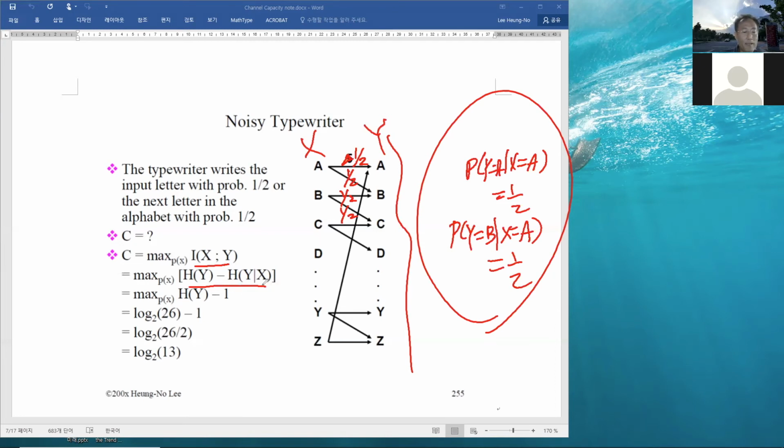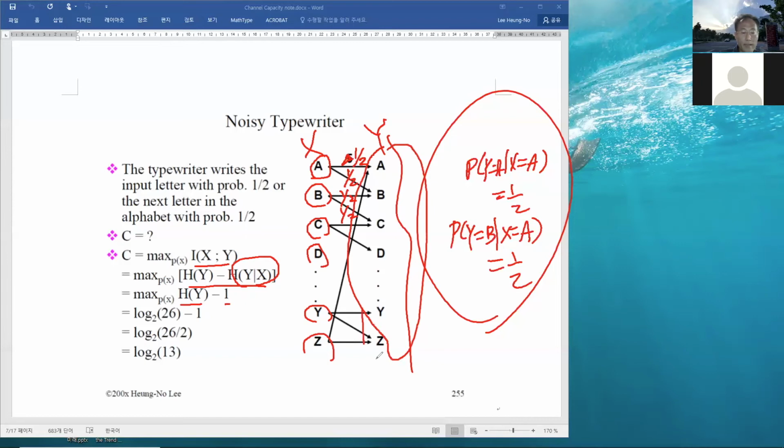When x is given, the outputs A and B are equiprobable. So the entropy of y given x is 1, because it is the same for every other input, right? So this part is determined, that is 1, because the channel is given, okay?